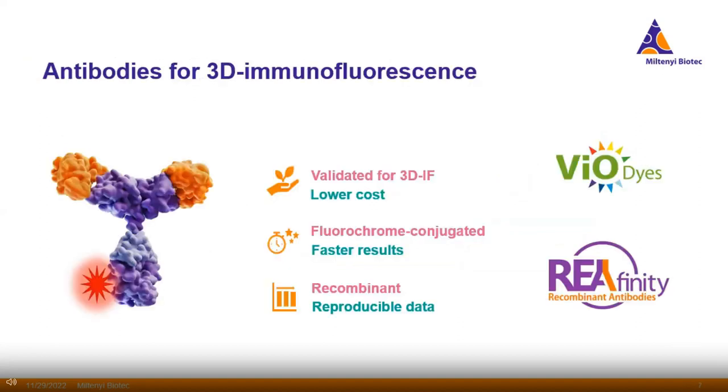Our antibodies, especially for 3D immunofluorescence, have a low cost. They are all fluorochrome conjugated, which gives you faster results, so it's easier than working with a primary and secondary antibody. And they're recombinant and give you reproducible data.